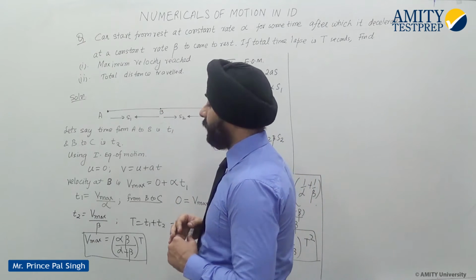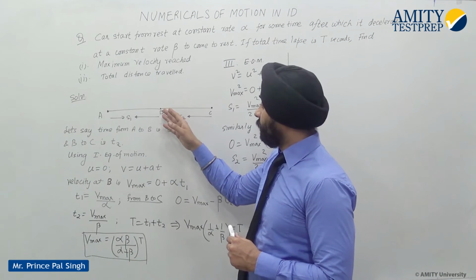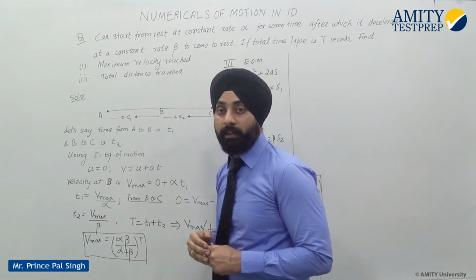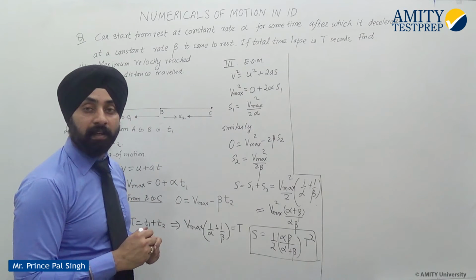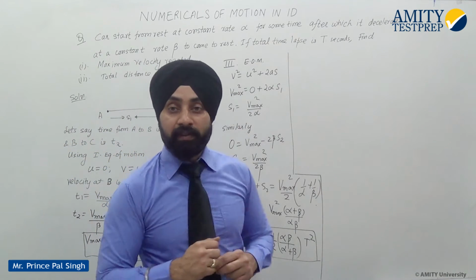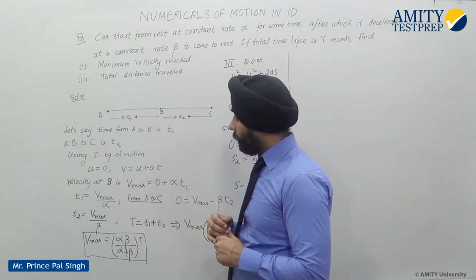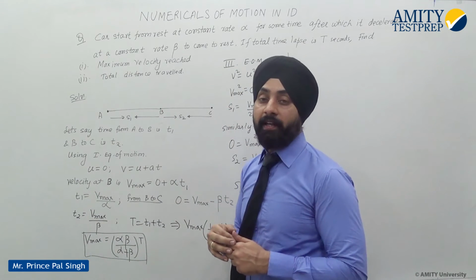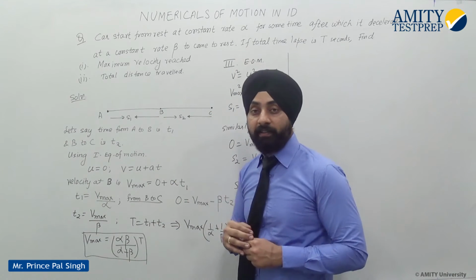Now the brakes are applied at point B, and the speed decreases, and it comes to rest at point C. Again I will apply the first equation of motion from B to C. The initial velocity at B is V max and the final velocity at C is 0.